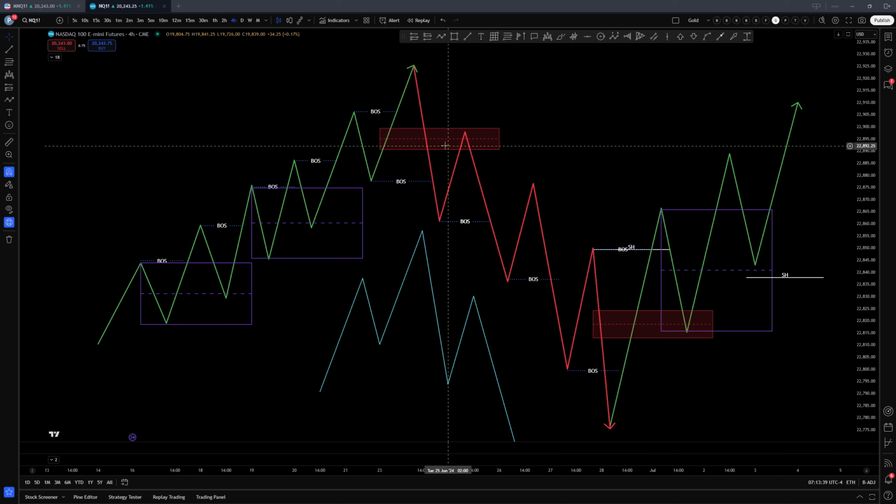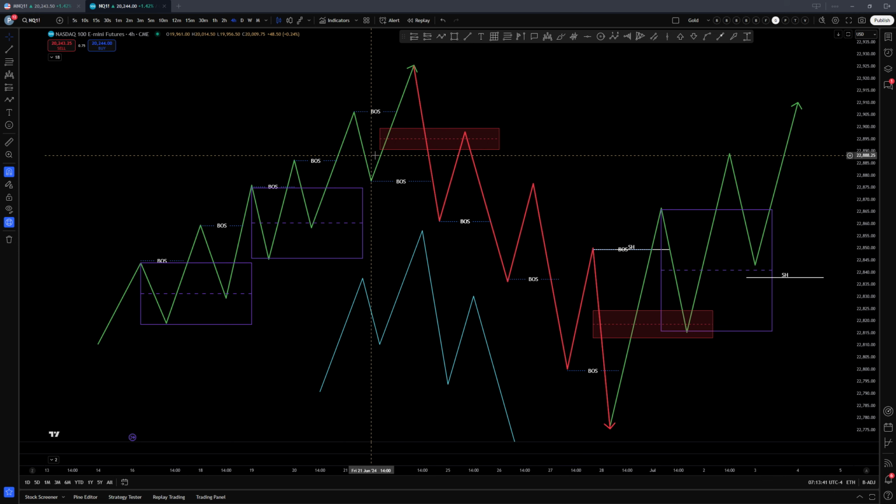So we can refine our entries within these structures to get much more precise trades. And to do that, we'll learn how we can drop down to smaller time frames to get the best entries. All of that stuff is coming up in this series and more, of course.